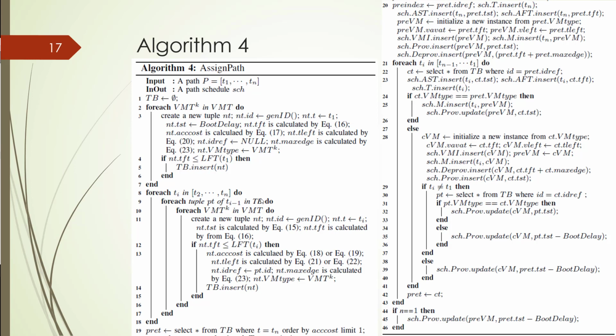And for that new nt, if the tft is less than the lft of that task, the actual cost will be calculated by another formula, that is formula 18, and the time left for the task will be calculated, and the id reference of the task will be assigned, and the max age will be calculated by another formula, and then we have the tb, task bench.